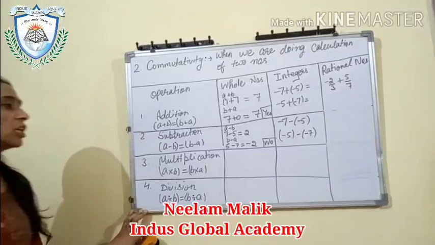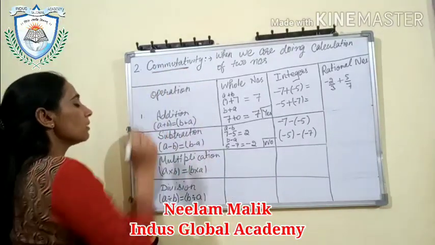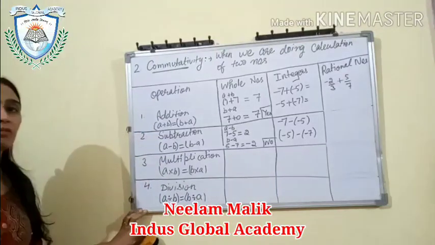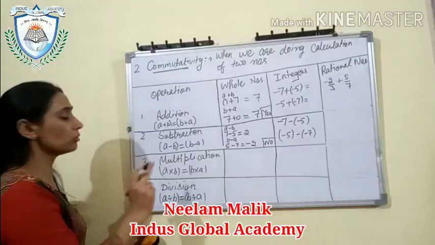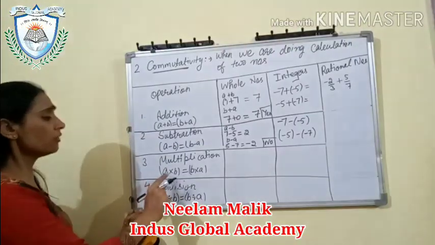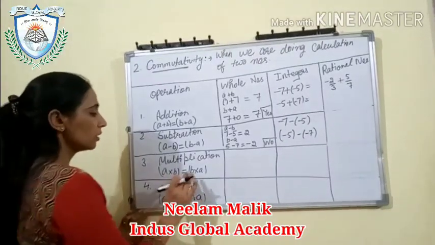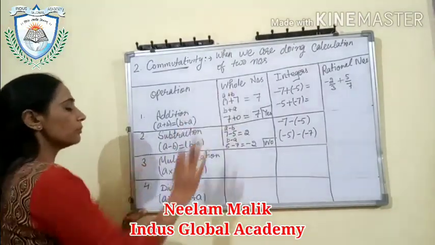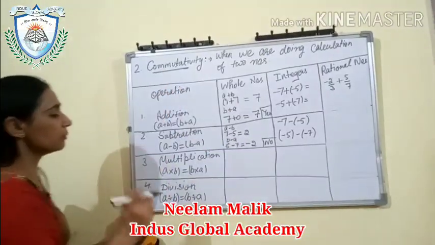Next is multiplication. Please remember, this commutative law we apply only on two numbers when we are doing any calculation on two numbers. If we have two numbers and we are multiplying them, if a multiply b is equal to b multiply a, that means whole numbers are commutative under multiplication.